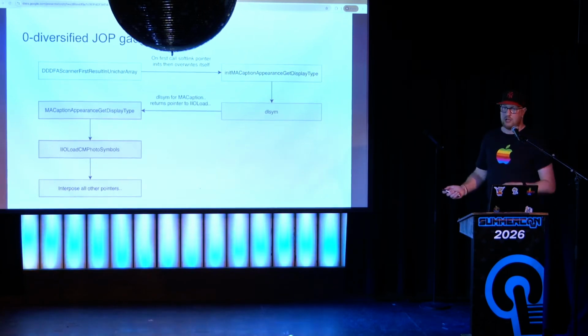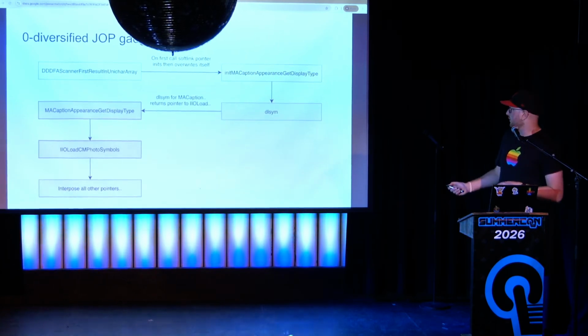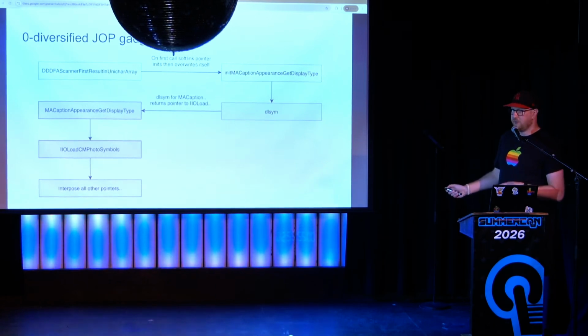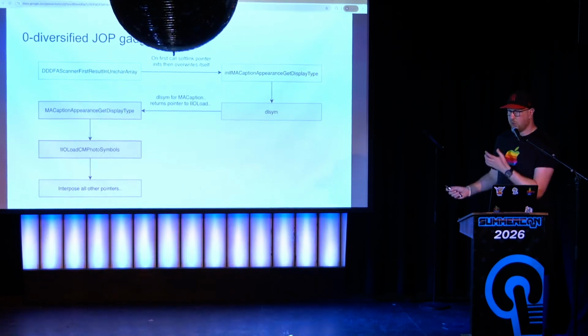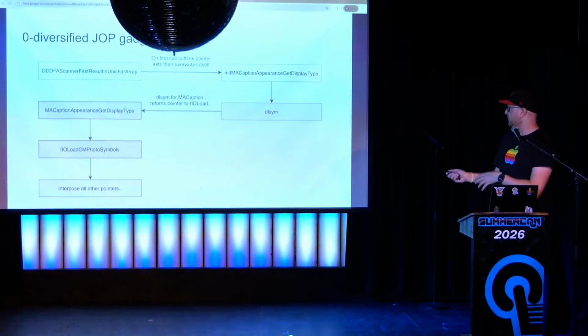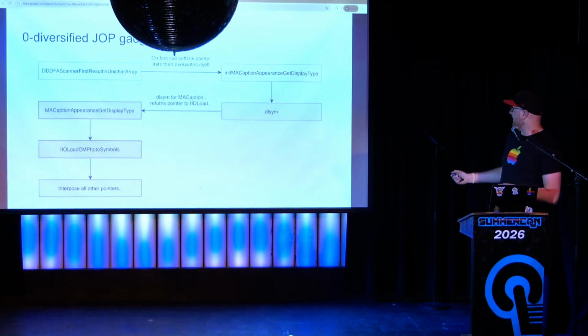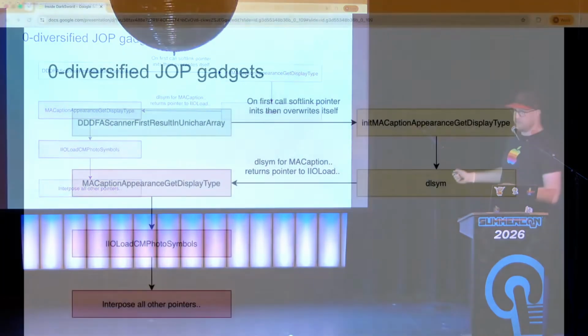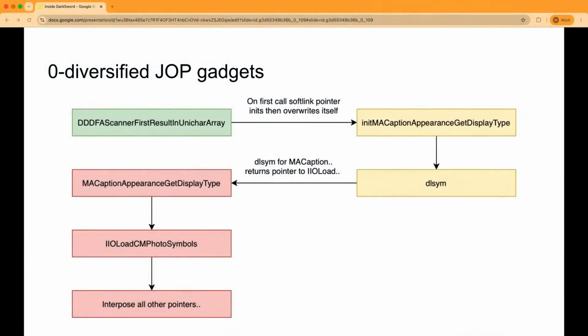Now let's take a look at how this job chain works. We start once again here in our first primitive that allows us to call one function pointer that is already zero diversified with 1 argument. And this is the init MA capture appearance get display type. This is the second function that we're writing in the data dirty section in the beginning.